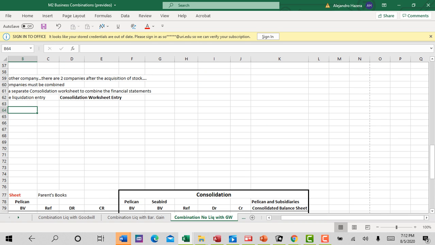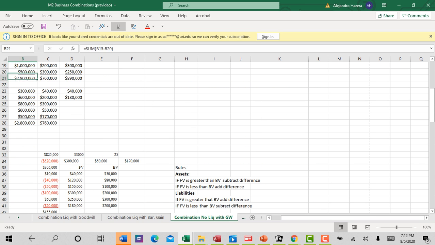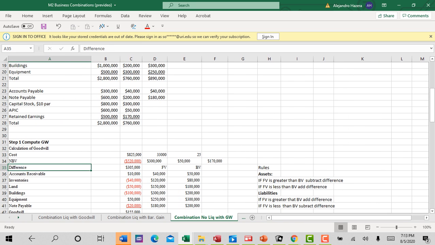Okay, so I'm going to call this entry C1 because it's consolidation entry number 1. What we're going to do is bring over all of S's assets at their fair market values, using this calculation, the goodwill calculation right here.